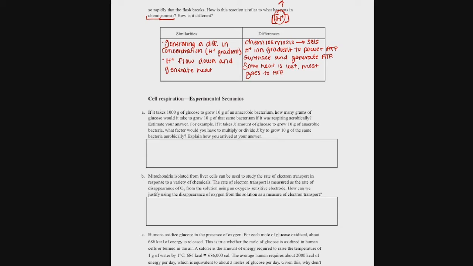So if you have a pitcher of water, and you add a bunch of H plus ions, this is decreasing the pH, increasing the pKa, and therefore making it have more of an ion gradient. There's more charge there.